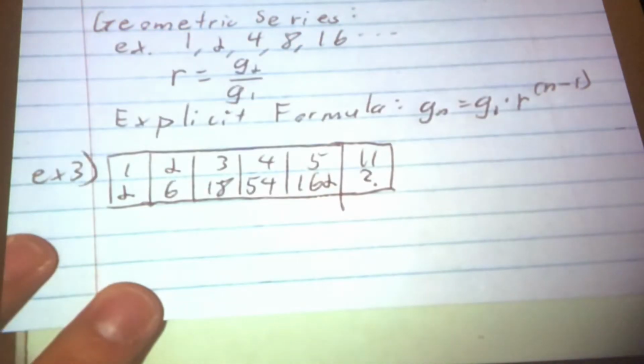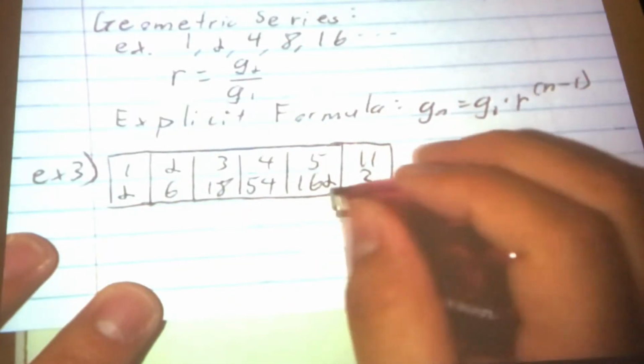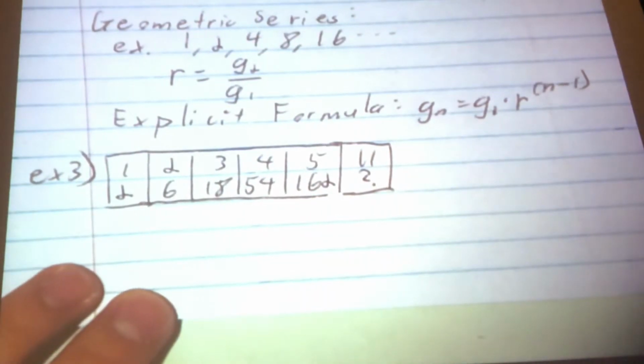So for example, 2, 6, 18, 54. For this one, we have a table.